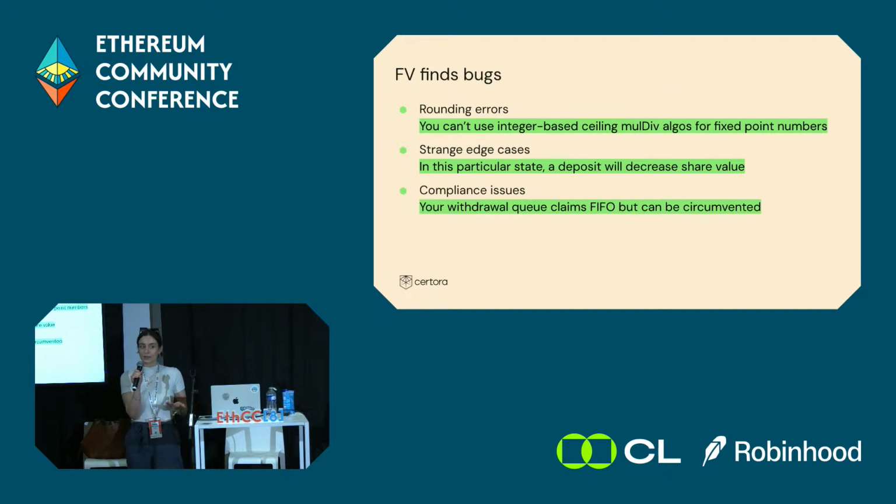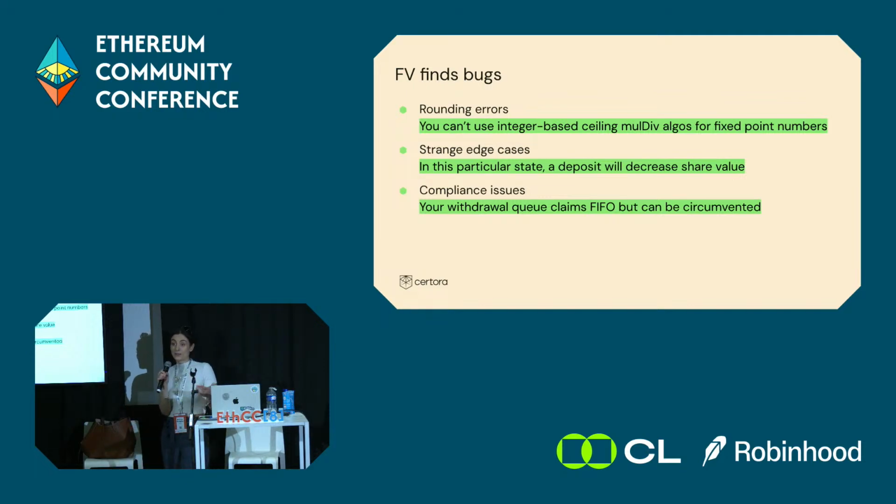Well, it didn't work out so well because the ceiling just didn't do anything. We can find all kinds of strange edge cases. For example, you're in some particular state where you have very, very high values in storage or very low values in storage. And we can all of a sudden see that if you deposit in that particular state, the share value in your system will decrease. That's not something you want. Basically, with any operation you do in a DeFi protocol, you want to make sure that the share value either stays the same or increases, right?